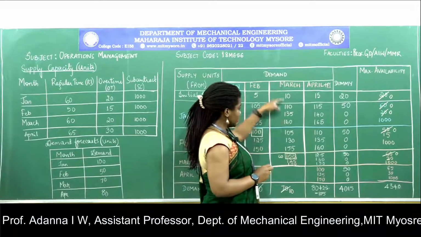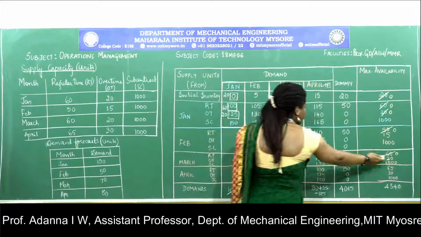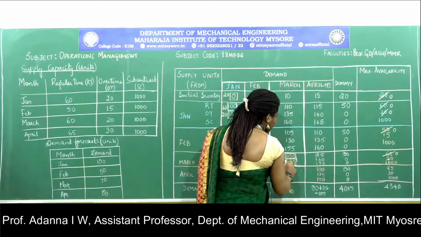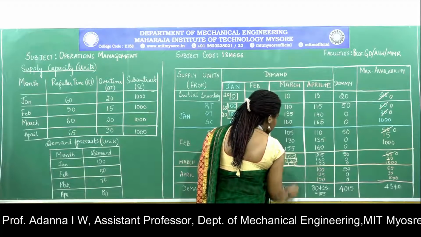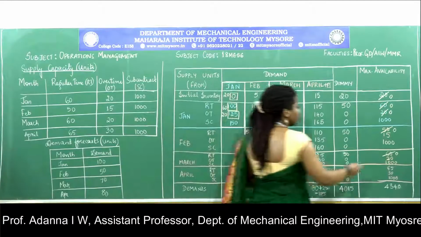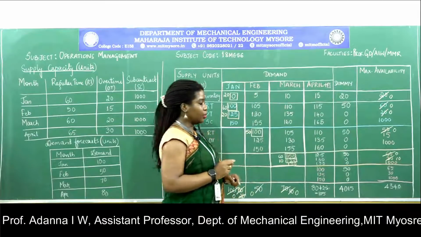Pick up the next least element, which is 125. 20 units are available. 10 units is all we need in the demand. So what we do is we assign this 10 units, fulfilling the demand for the month of March. And here we have 10 units remaining.